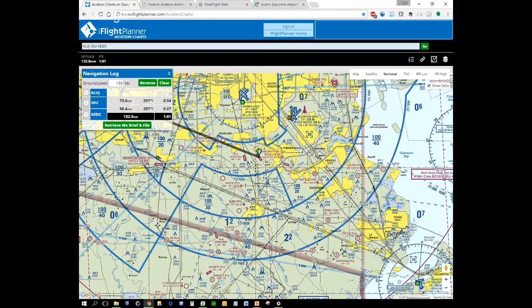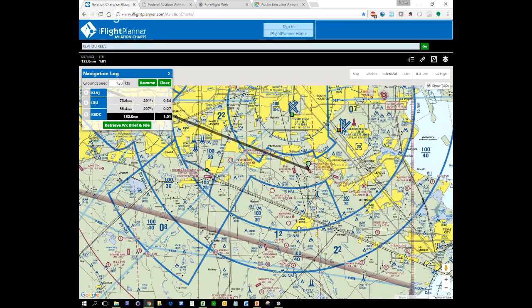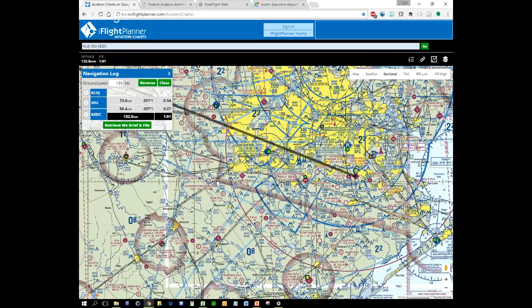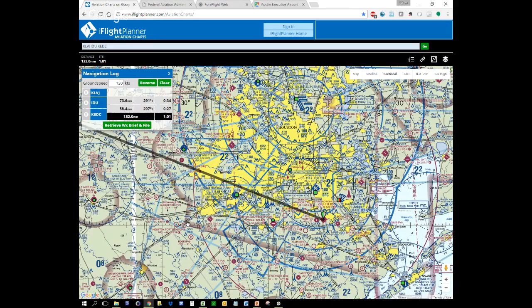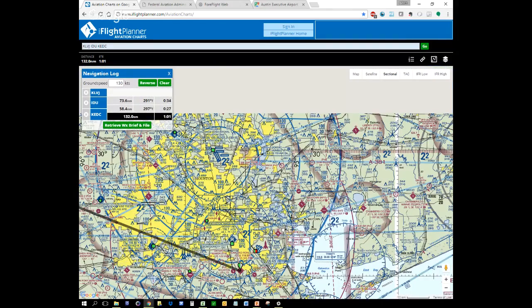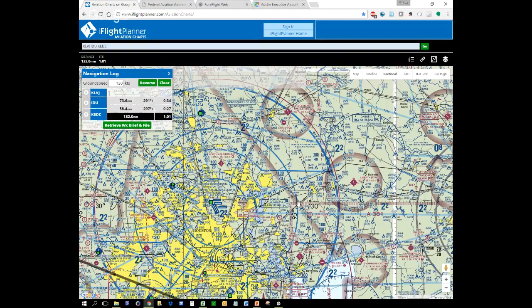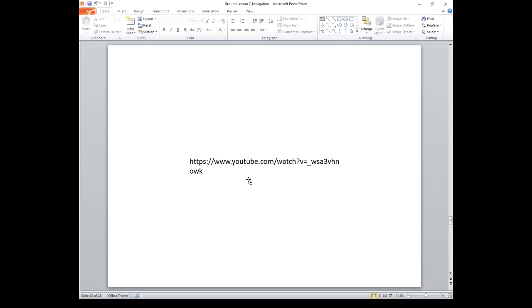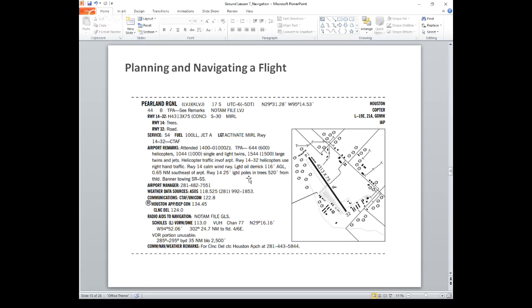You guys are like, oh my gosh, so you're doing this while you're flying an airplane? Well, this is an example why trying to find a flight service frequency on a sectional is a terrible idea. The better option is to go to your chart supplement and find it there.